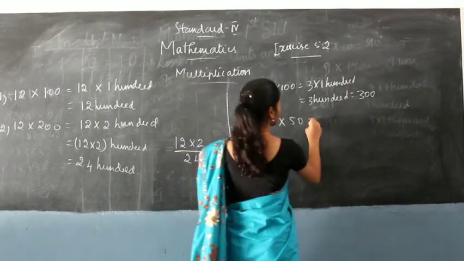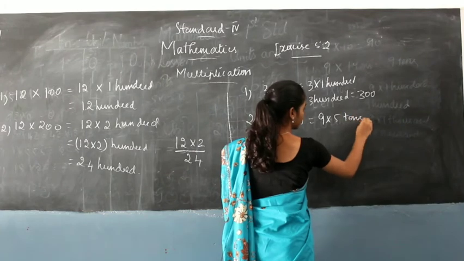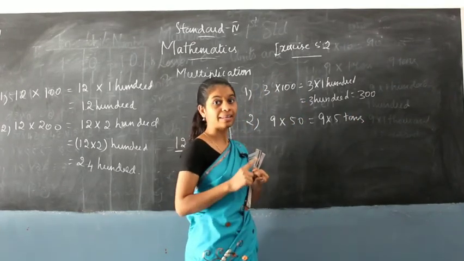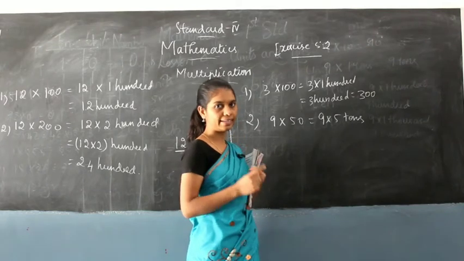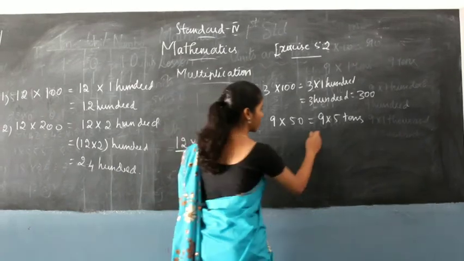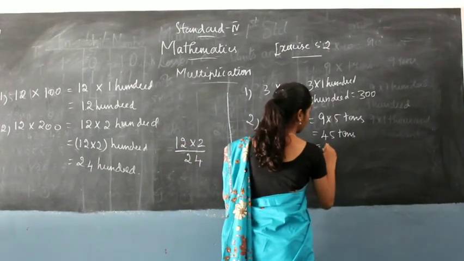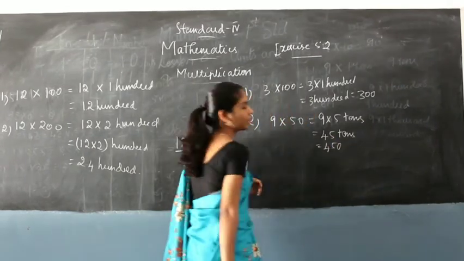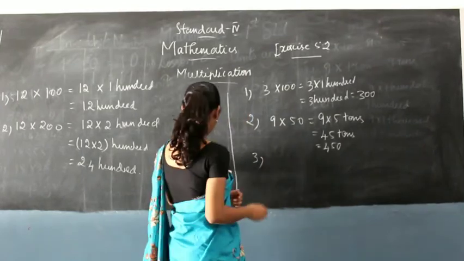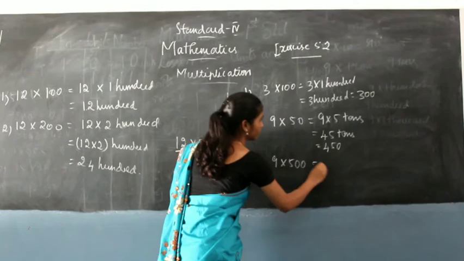Okay, which means 9 into 5 tens. 9 1s are 9, 9 2s are 18, 9 3s are 27, 9 4s are 36, 9 5s are 45, which means 45 tens is equal to 4500. 45 into 0.